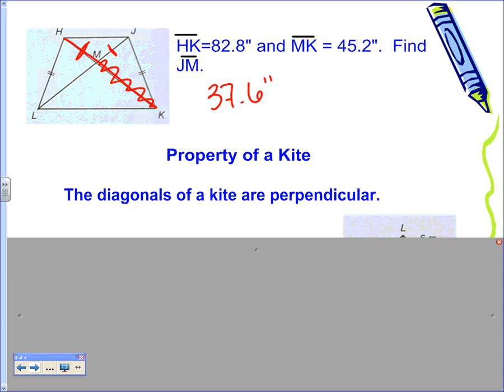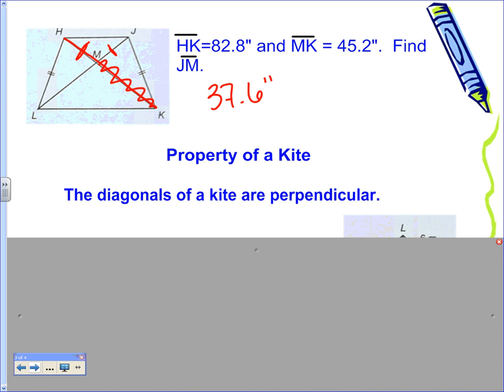Property of a kite. The diagonals are perpendicular. What other quadrilateral do we know that has perpendicular diagonals? A square? What else? Not a rectangle.